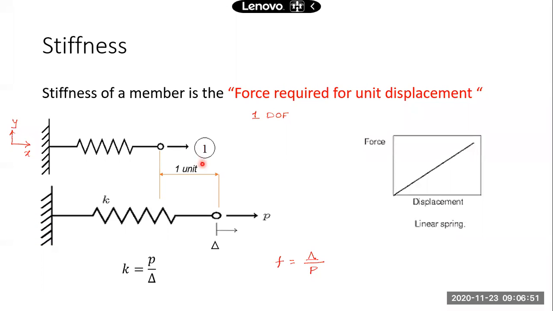With respect to this displacement, we defined the stiffness. Stiffness is the load required to produce unit displacement in this spring or member. So K can be expressed as force divided by displacement, force per unit displacement. That is the definition of stiffness.